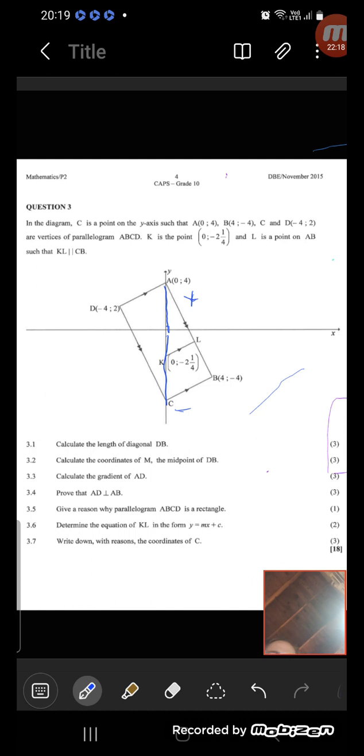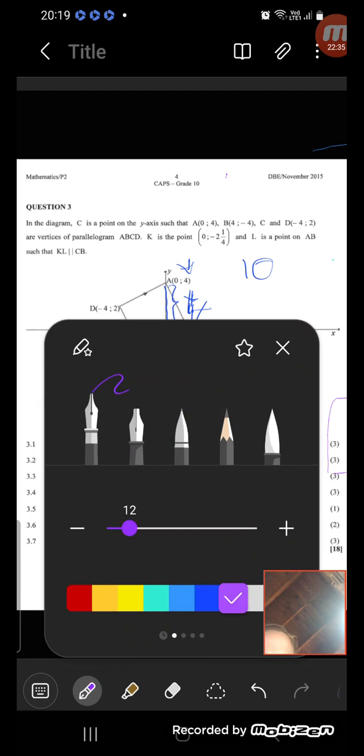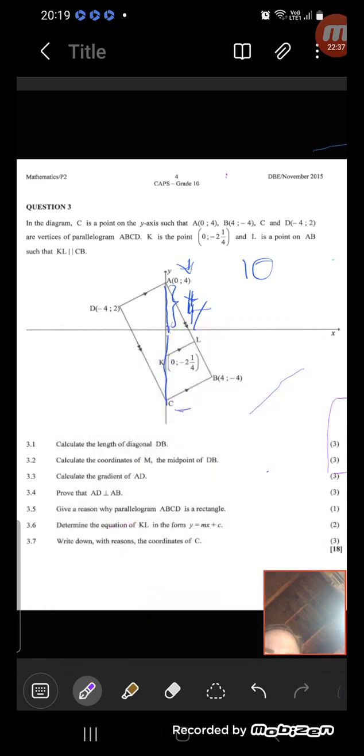If the whole thing is 10, look at this y value. It's 4. I'm going to say this is 4 units. Therefore, what is this? Well, obviously it's 6 units. So you can say 10 minus 4 to give you 6.